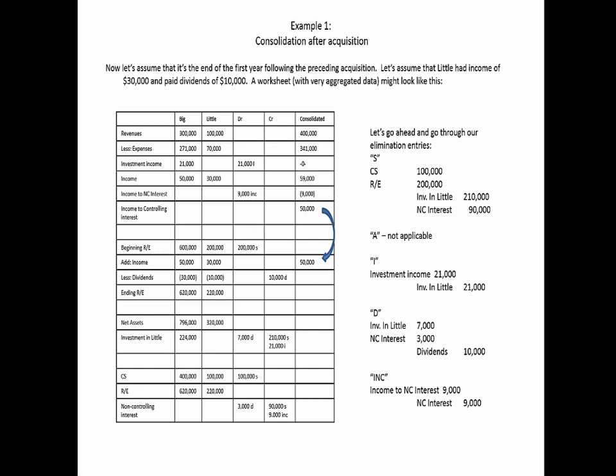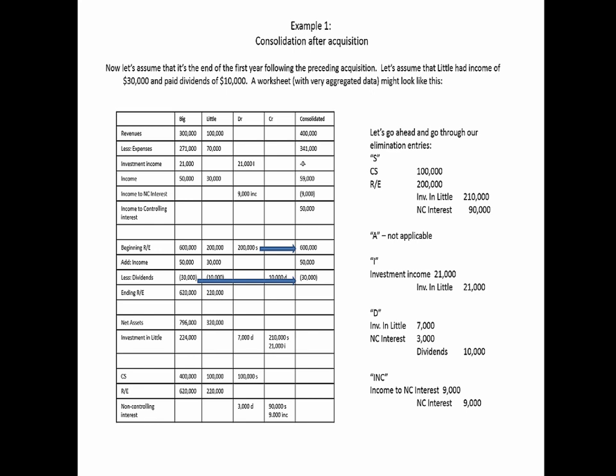The $9,000 that went to the non-controlling interest is going to be included in the non-controlling interest in the owners' equity section. So now we can go ahead and work through the statement of retained earnings. We add across beginning retained earnings. So again, as always, we eliminate the subsidiary's beginning retained earnings, being left with the parent's retained earnings. We have the income figure.